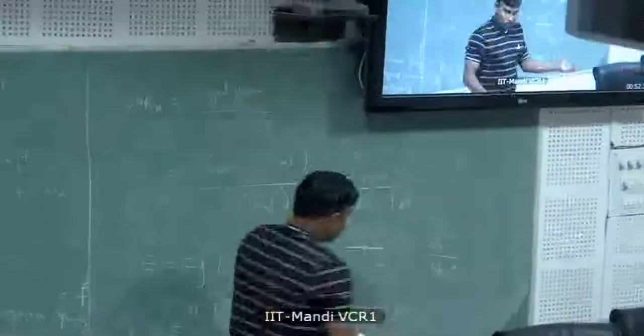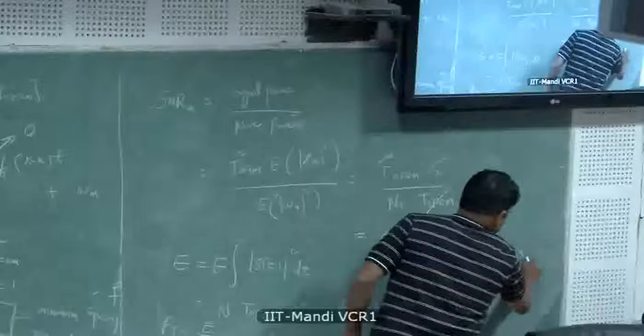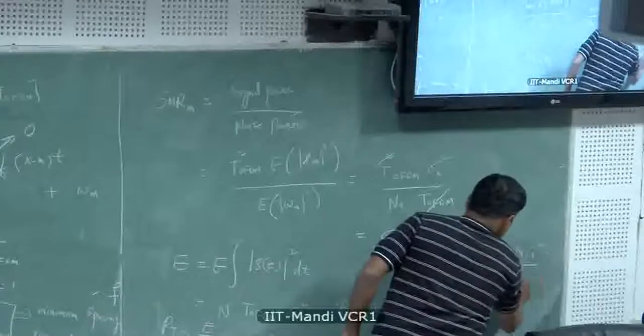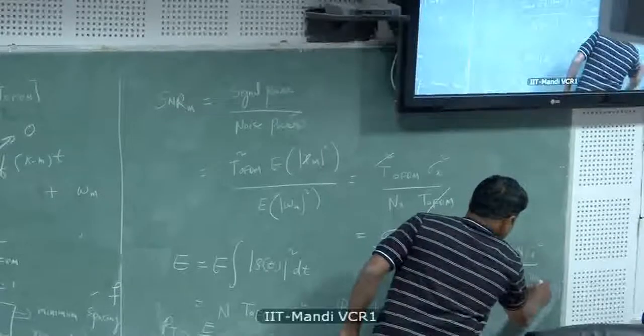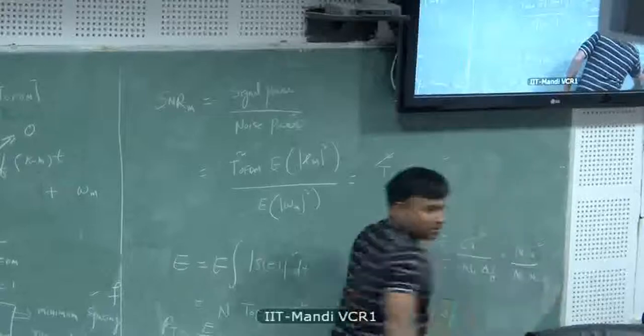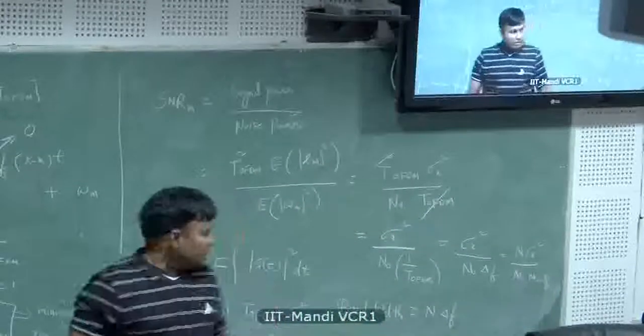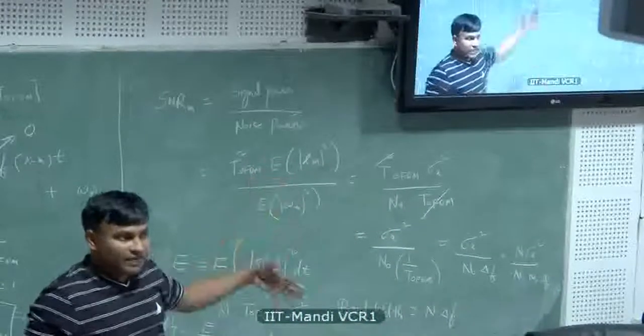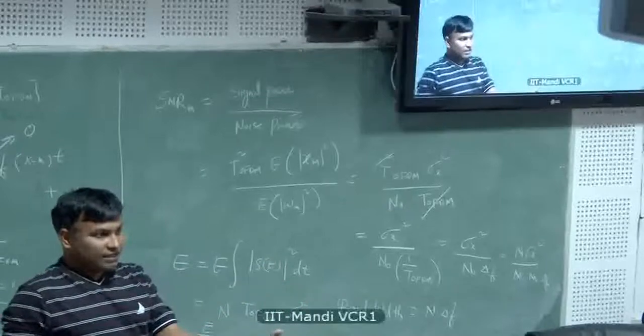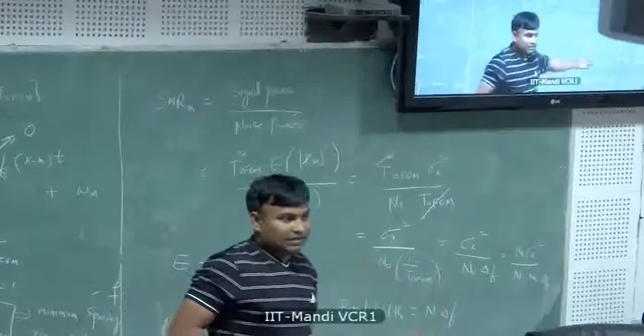Right? That also makes sense. So I can write this as N times sigma x squared divided by N times N0 times delta f, and that would be total transmit power divided by total noise captured in a bandwidth of N times delta f.